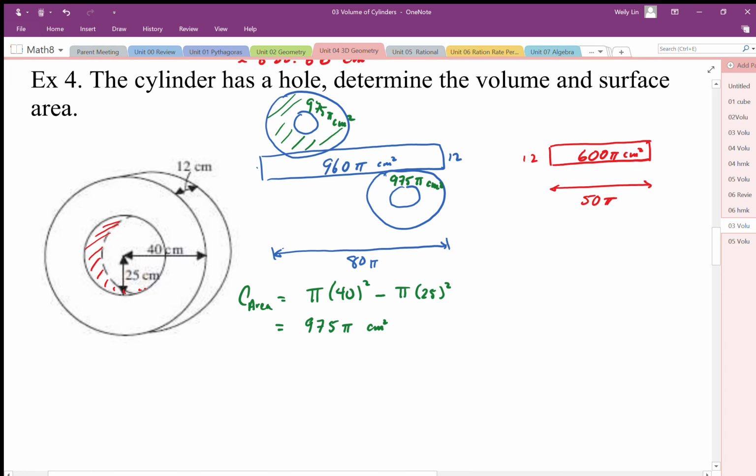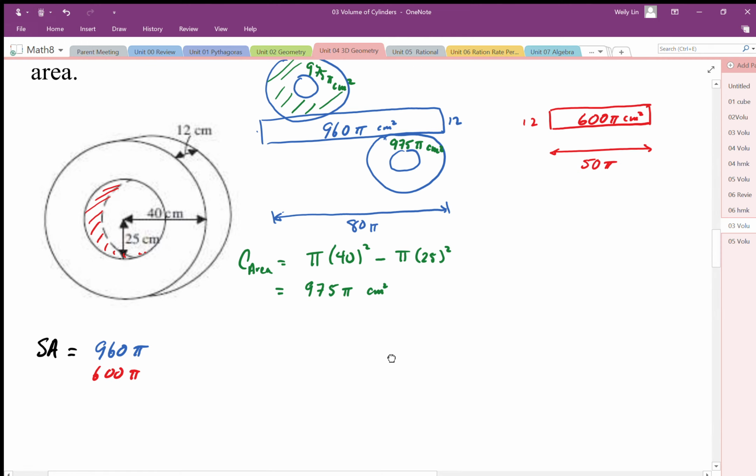So I'm going to calculate the total surface area. The surface area is going to be composed of our big rectangle, our little rectangle, and two circles, or two kind of donut circles. So 2 times 975 pi.